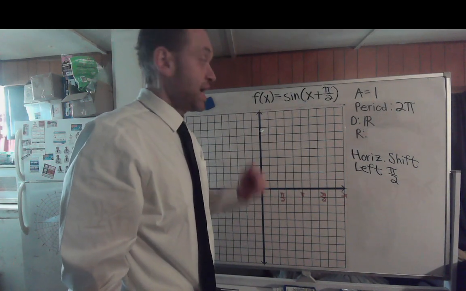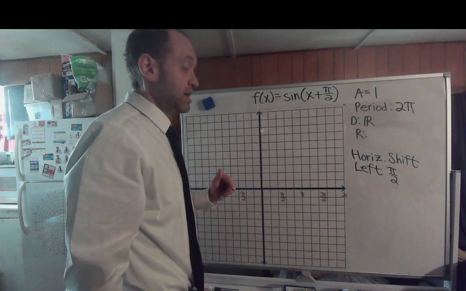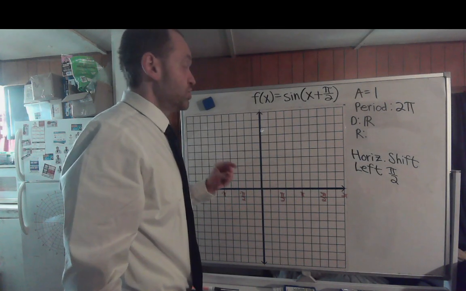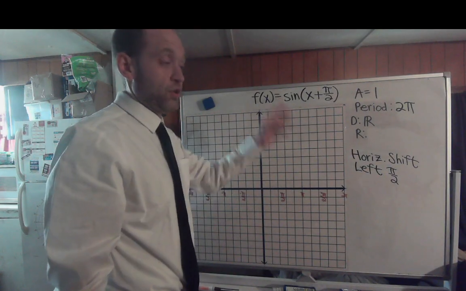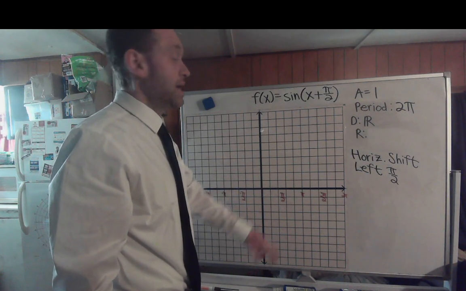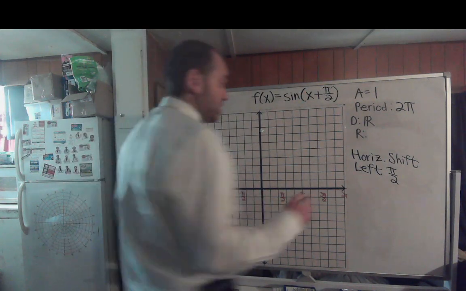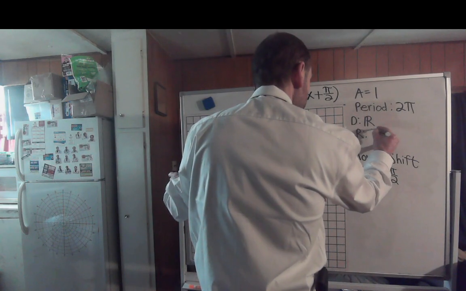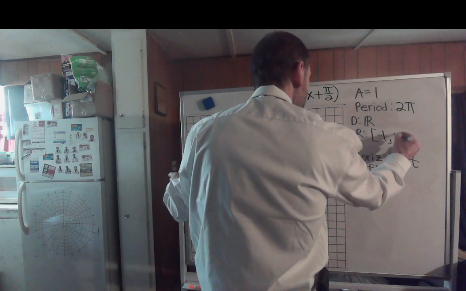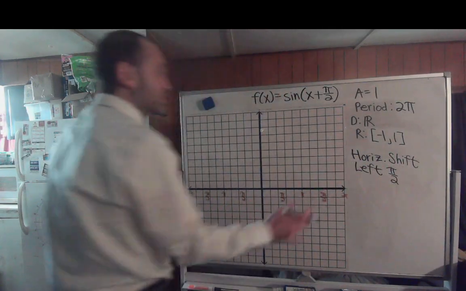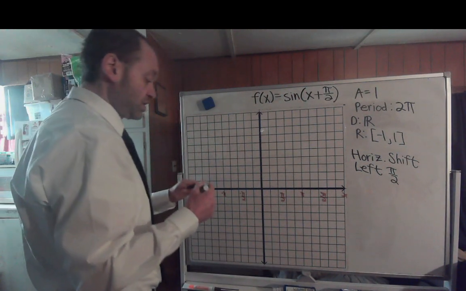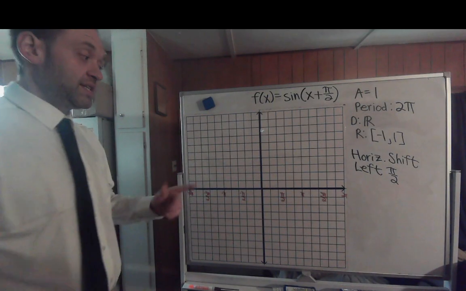Your range actually hasn't changed because you don't have any vertical shifts or any other number on the sine to affect your range, like a coefficient on it. So your range is still going to be from -1 to 1. You just have that horizontal shift left pi over 2 units. So, good place to start.